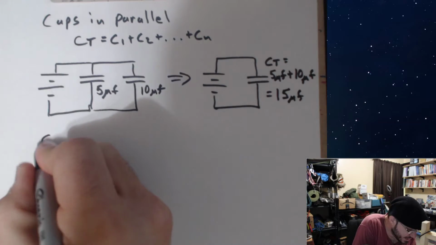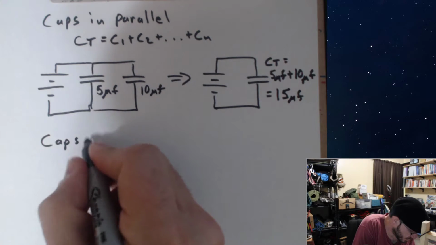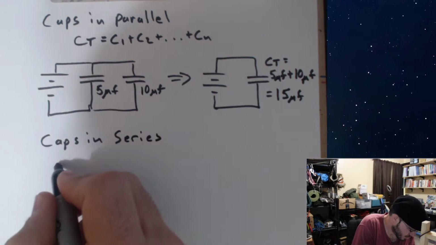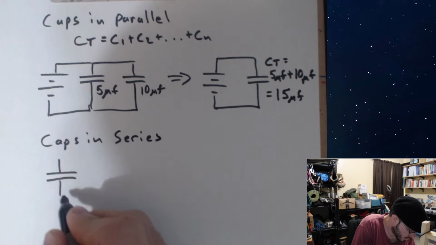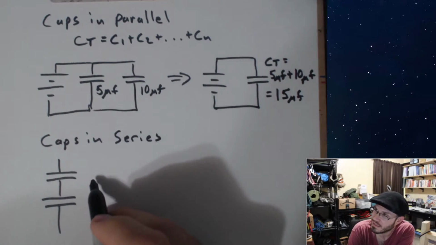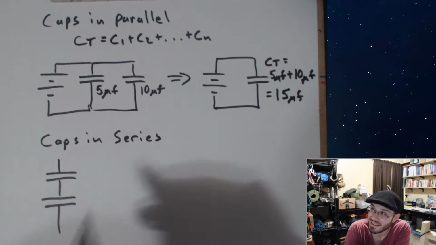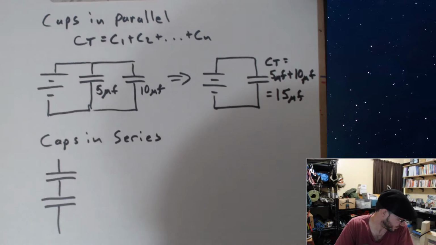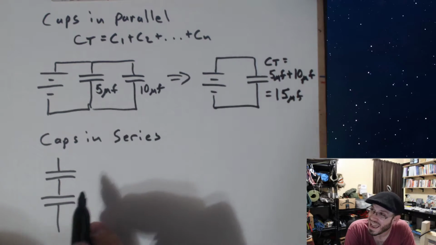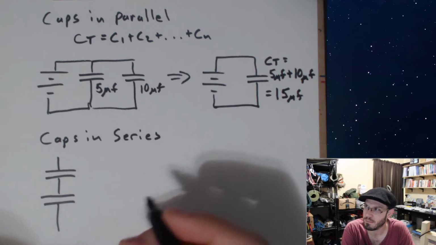However, caps in series, if I go ahead and take 2 caps in series, I'm actually going to get less capacitance. Caps in series are going to behave kind of like resistors in parallel.